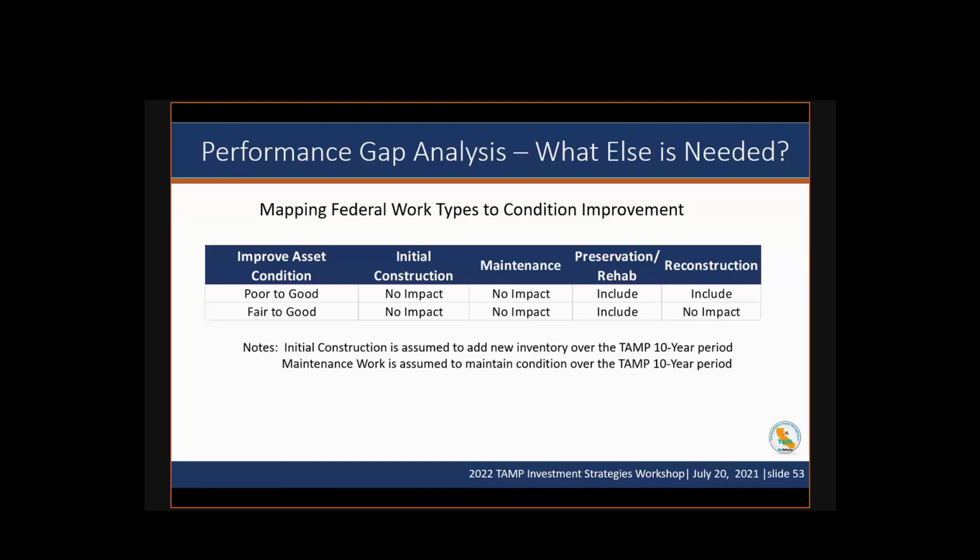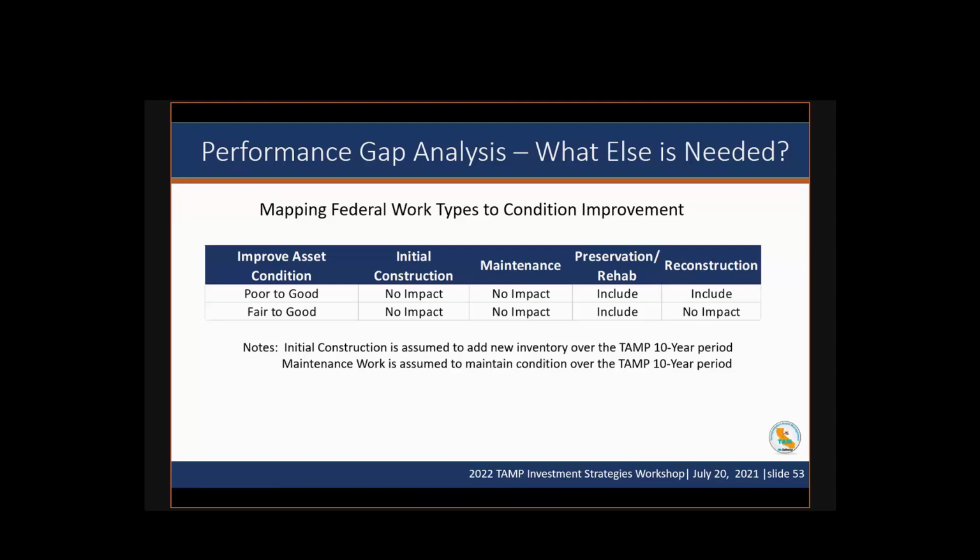And we have the 5 labeled here as initial construction, maintenance, preservation, rehab, and reconstruction. And what we need to do is figure out in our model which of these investments are helping us to improve asset condition.